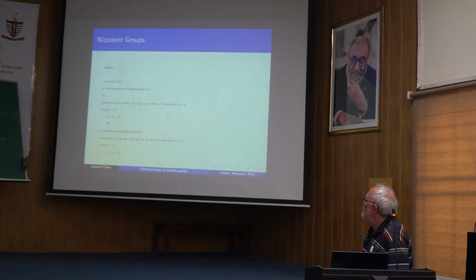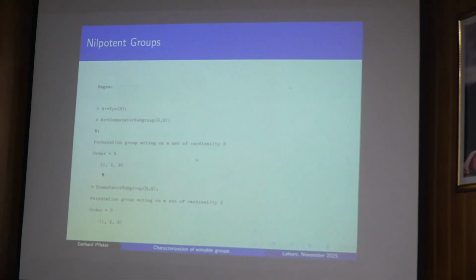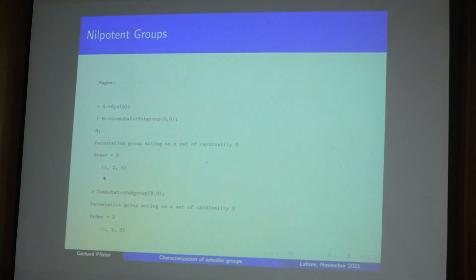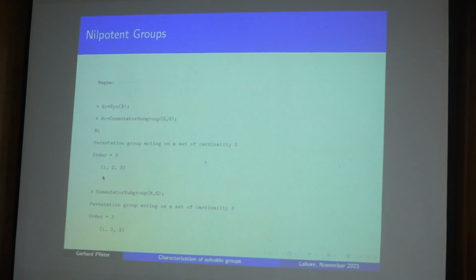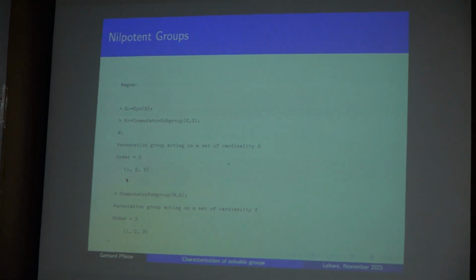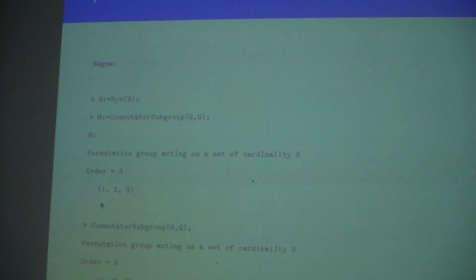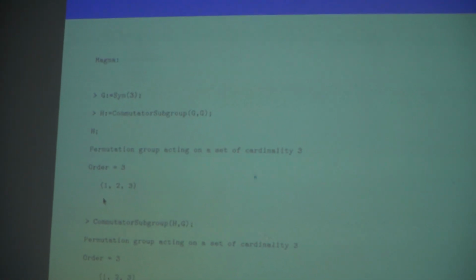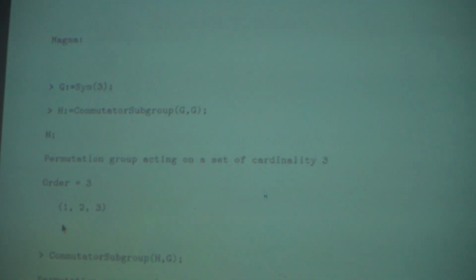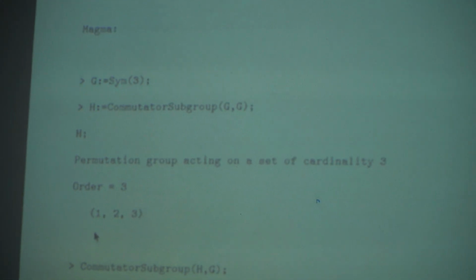Then you define again the commutator group of H with G, and you obtain again the group of order 3, so the same group. So the process stops, but not at the trivial group. That means that S3, the symmetric group of 3 elements, is not nilpotent.